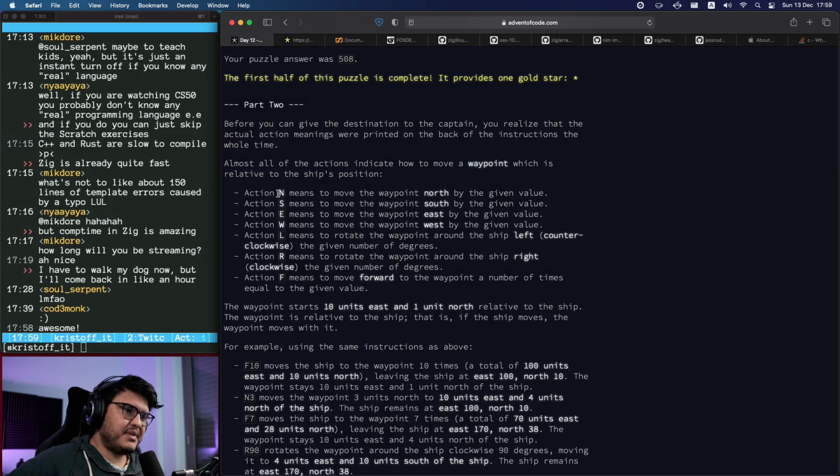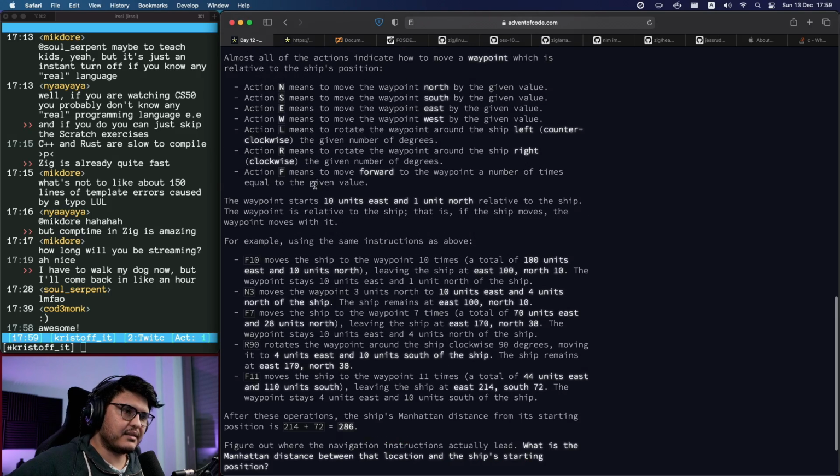Action N means to move the waypoint north by the given value, south, east, west, and left means to rotate the waypoint around the ship counterclockwise the given number of degrees. I'm not sure I understand this waypoint thing, so I think it'll get better explanation after.